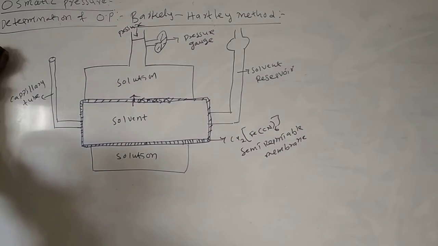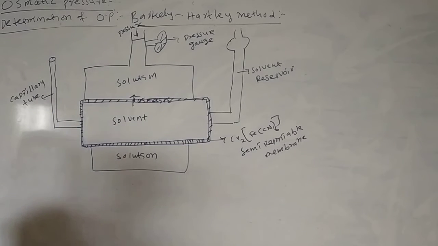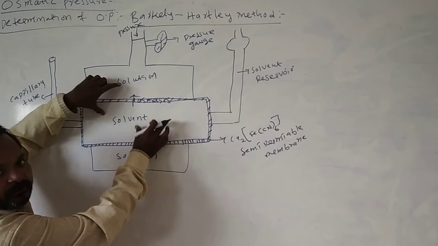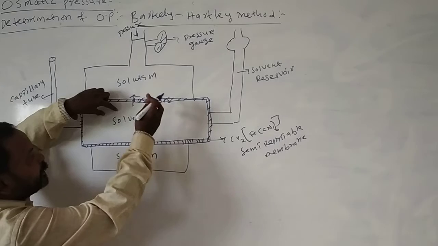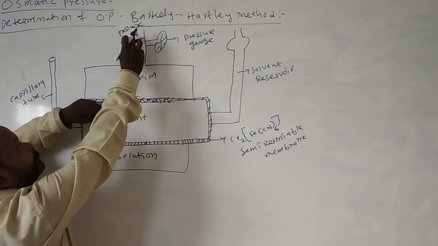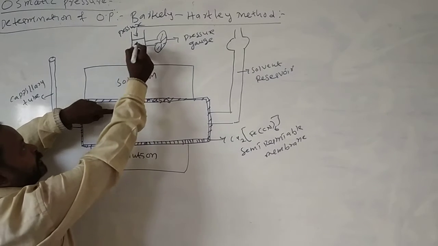After 10 or 15 minutes, solvent molecules move from the solvent region to the solution region, that we call osmosis. To prevent the migration of solvent particles from the solvent region to the solution region, we apply some external pressure on the solution from this side.